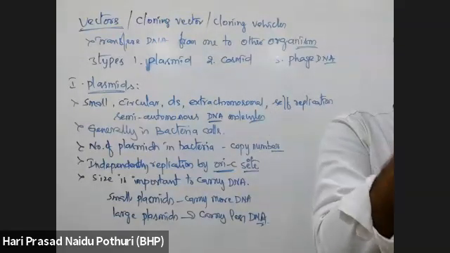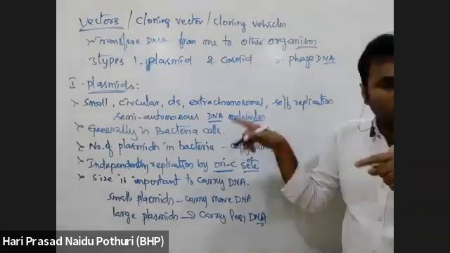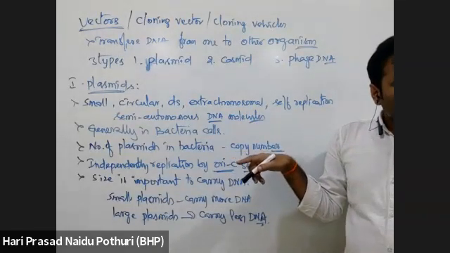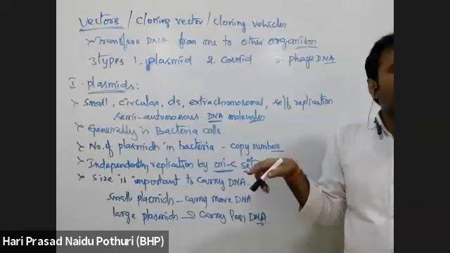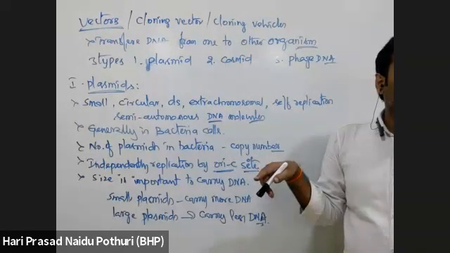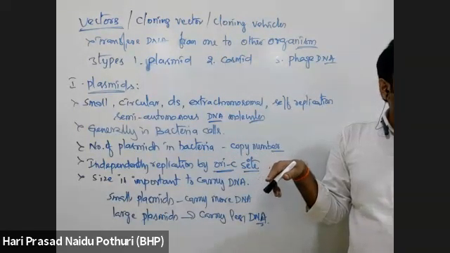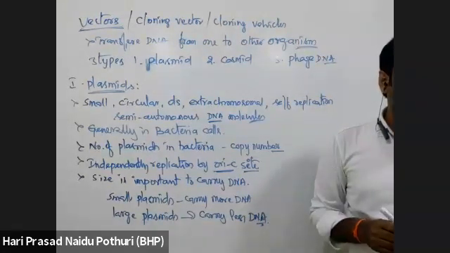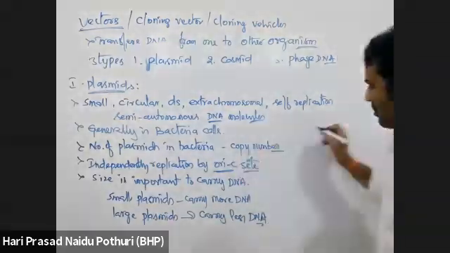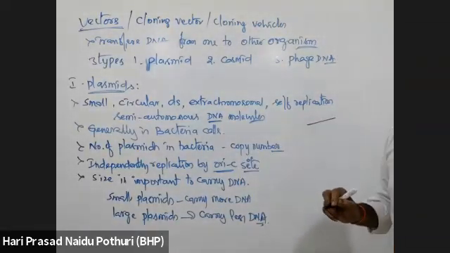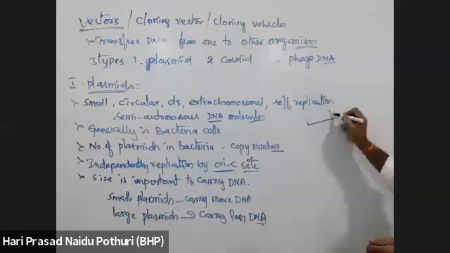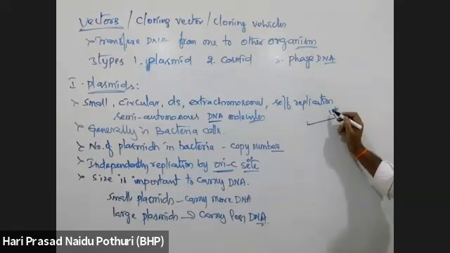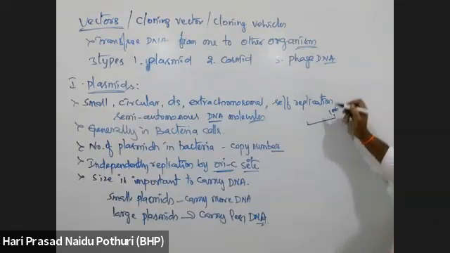So, for carrying that rDNA into the host cell, if the total rDNA size is less, then that transfer is easy. Suppose the rDNA size is 1 million bases, or 1000 bases, or 10,000 bases.